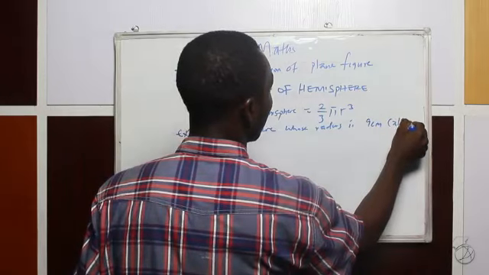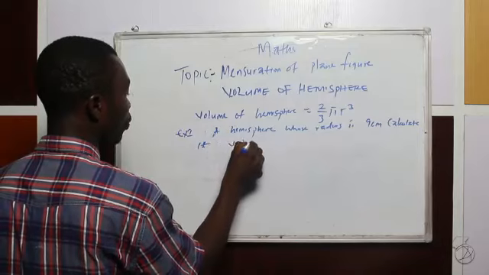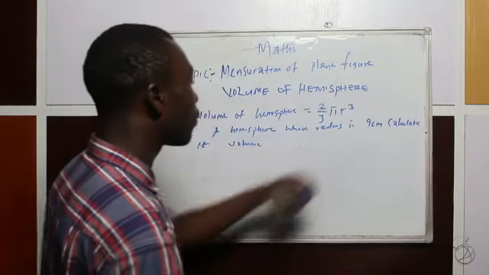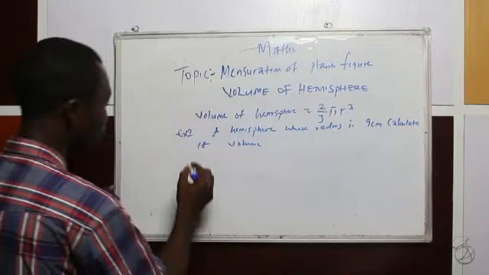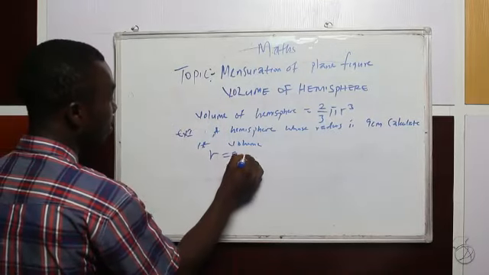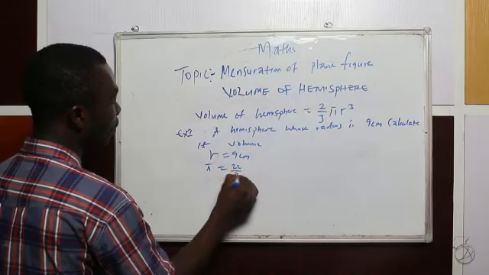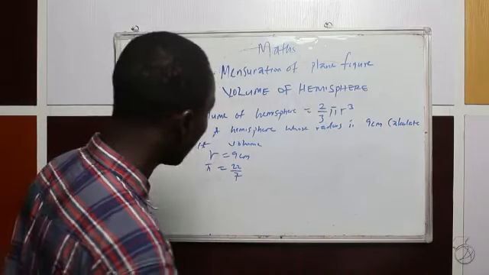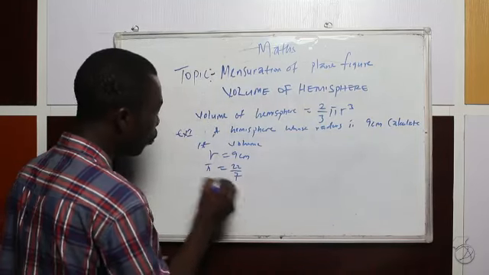Calculate its volume. Now, we have the radius to be 9 centimeter. They ask us to calculate the volume. Our radius is 9 centimeter. Our pi is equal to 22 over 7. Then our volume is equal to question mark.